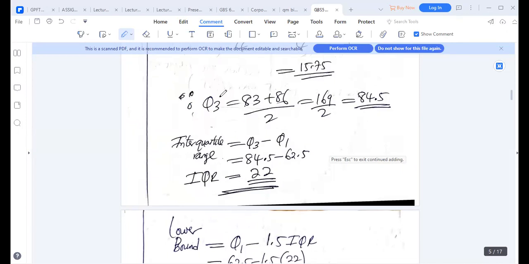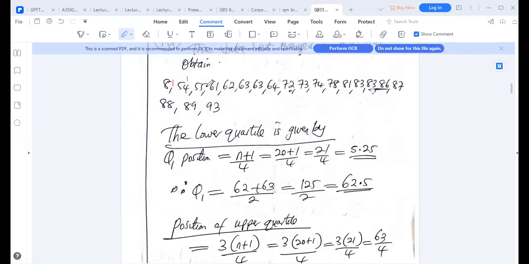So you get the 5th and the 6th position, which is 62 plus 63 divided by 2, it is 62.5. This is the lower quartile, Q1.